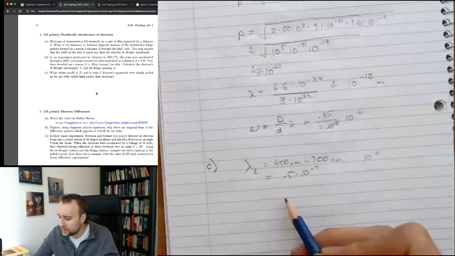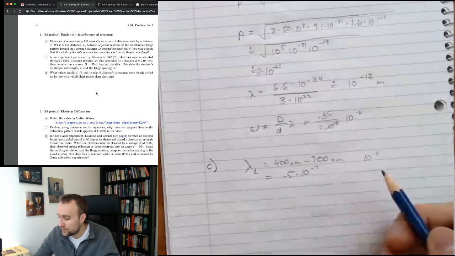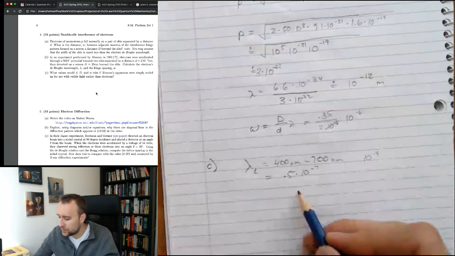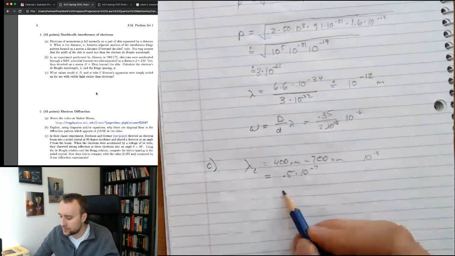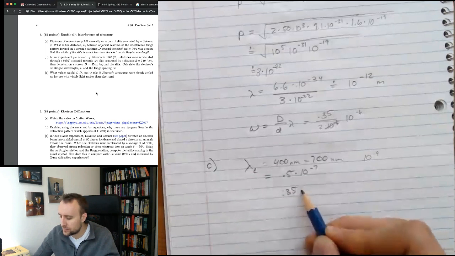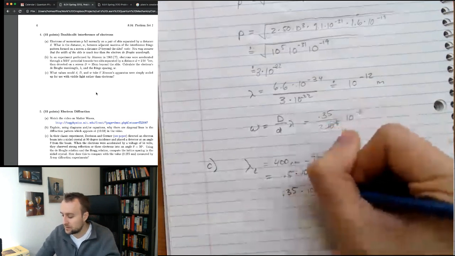All right, let's just guess that and then see what they actually want. So if we increased everything by, let's say, 4 orders of magnitude, what would we have? We would have times 1,000, so 0.35 times 10,000.